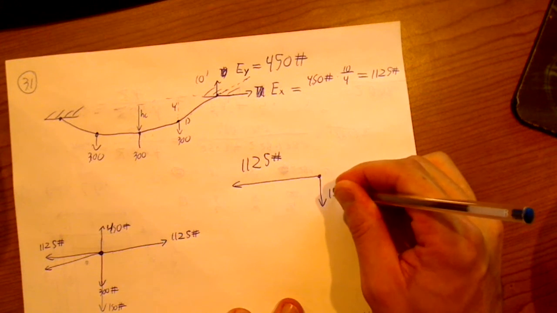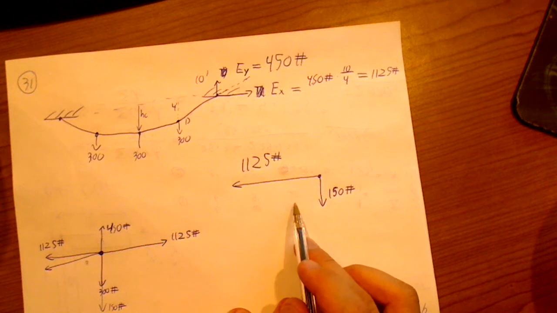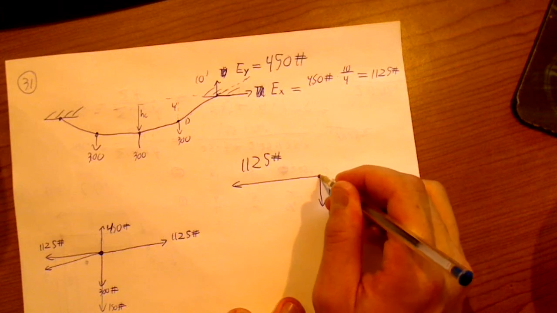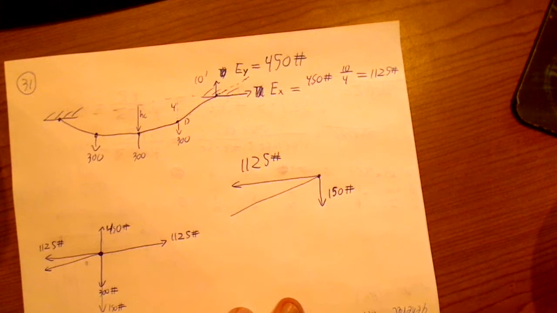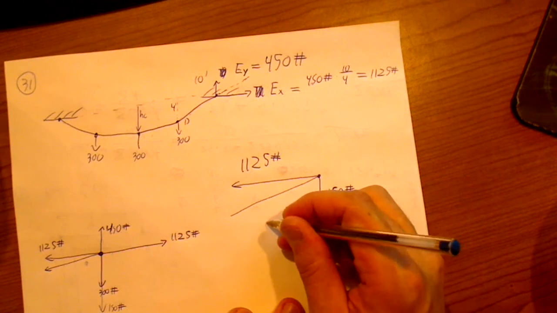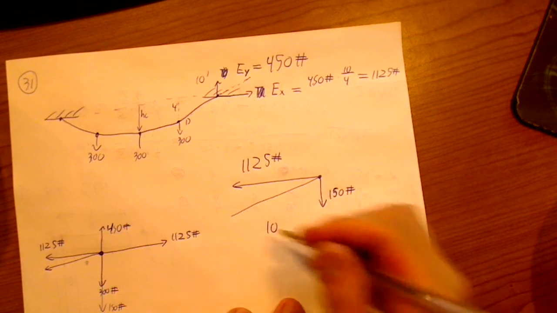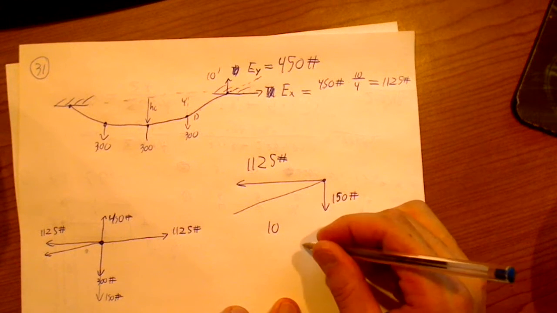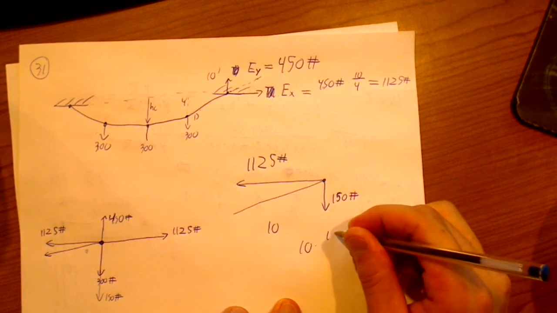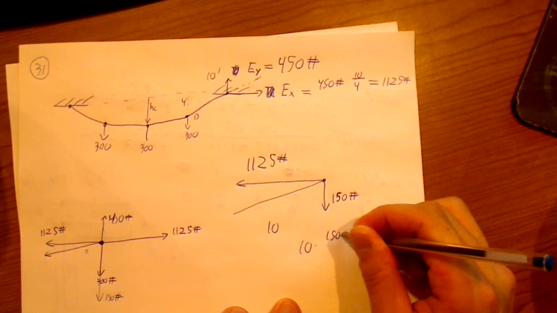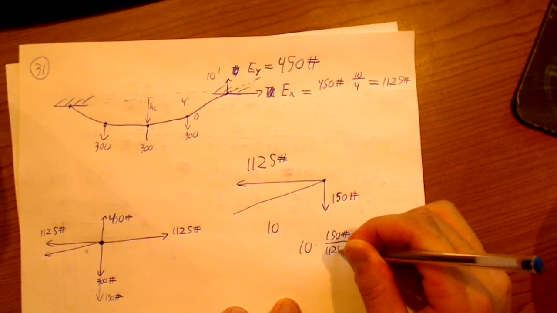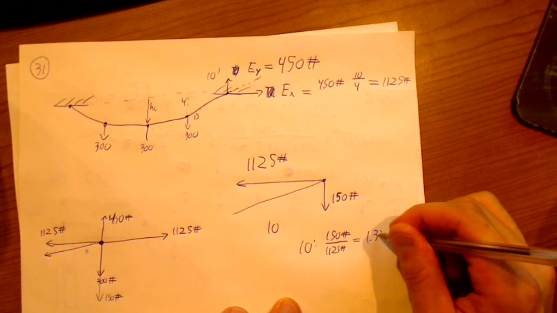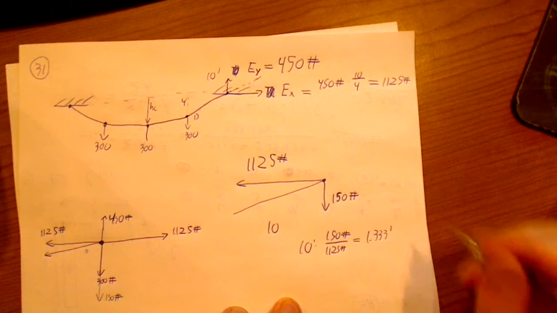So now we know this is what the angle that the wire goes on. And we know that geometrically the wire follows the same proportions. So over 10 feet, it goes down some distance in this proportion. So to figure that out, we do 10 times 150 over 1125 pounds, which equals 1.333 repeating feet.